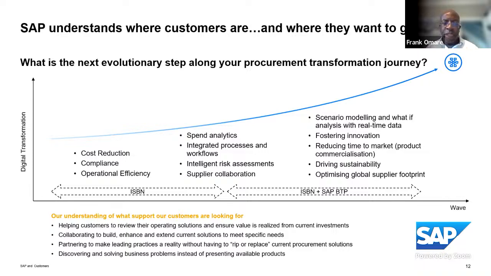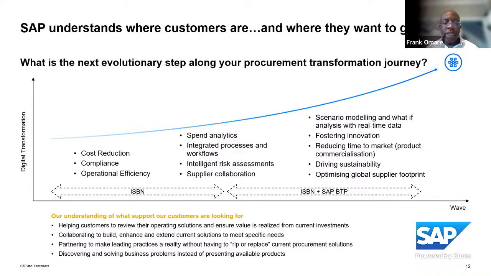So in terms of ISBN, there are specific things that we know we can do and do very well. But if we want to meet the specific needs of our customers, whether it's around scenario modeling, whether it's around should cost analysis, innovation, driving sustainability, we need our ISBN solutions to do more. And this is where B2P comes in.